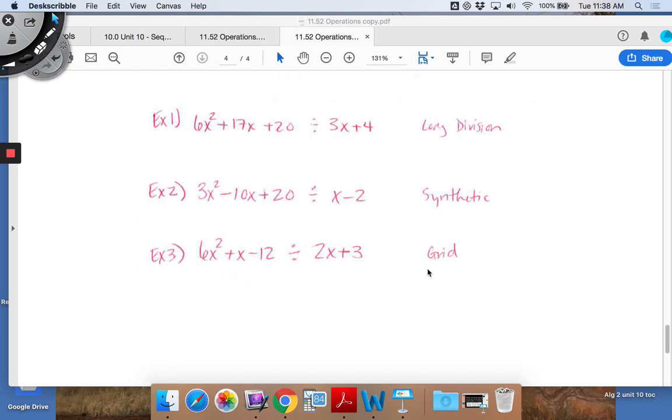Last one's the grid method. I don't normally teach the grid method very often, but I just thought I'd show it to you in case you're just completely freaking out about the other methods. So I just made this random example up. So here's how you would do the grid method.